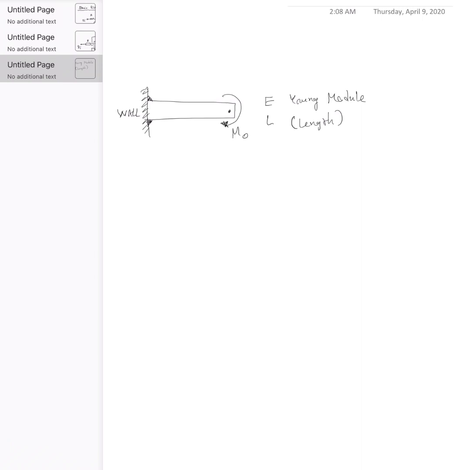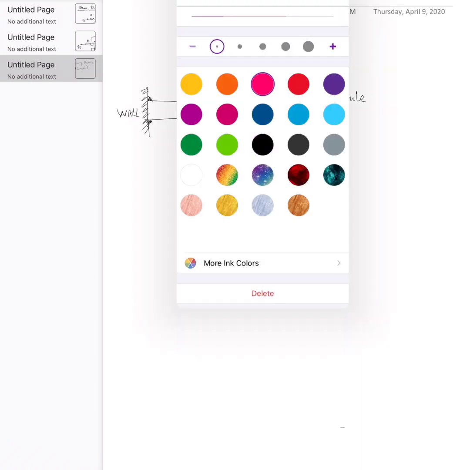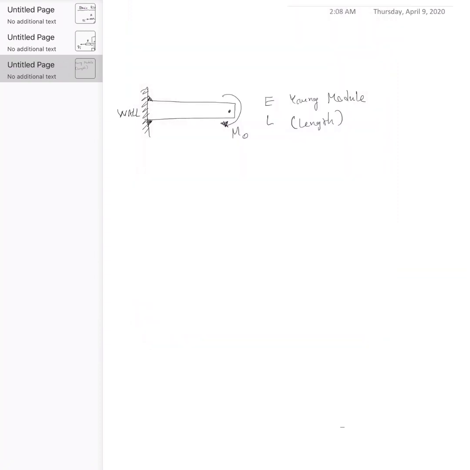Now we want to find the equation of the elastic curve after deflection. Obviously this is going to go down like that. In particular, we want to find the deflection v at x equals L.